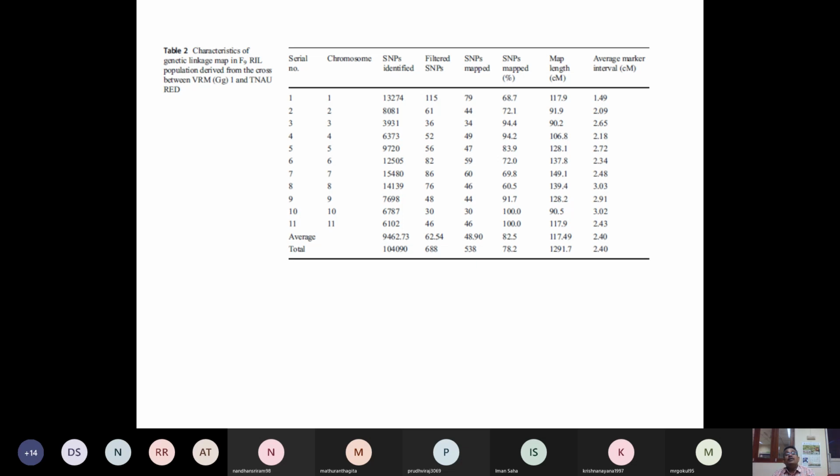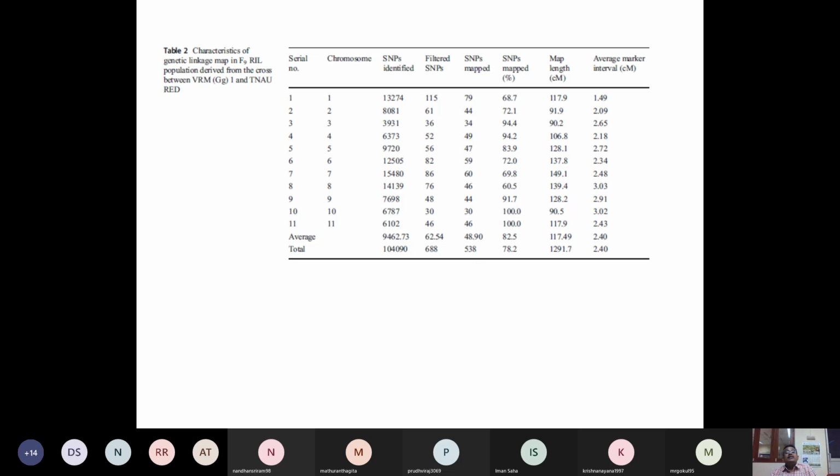Finally, after filtering, you have only 79 SNPs mapped in the chromosome, because in the same region you cannot put more than 100 or 200 SNPs. You have to take an evenly distributed region, so clustered SNPs will be removed. Only the SNPs representing that particular cluster will be retained.